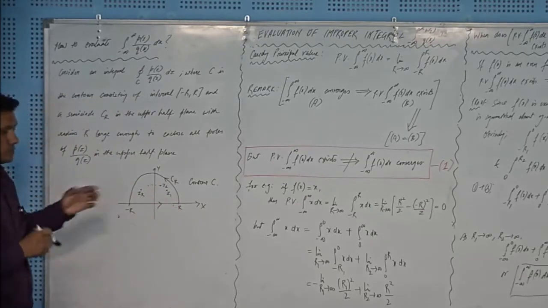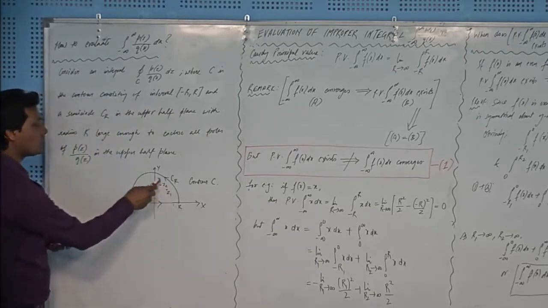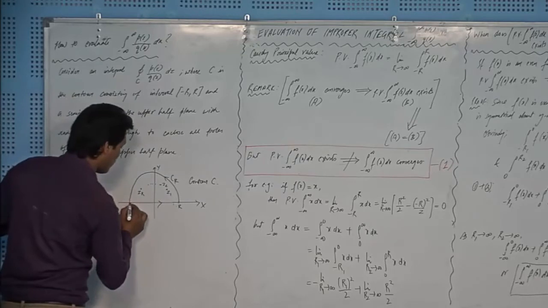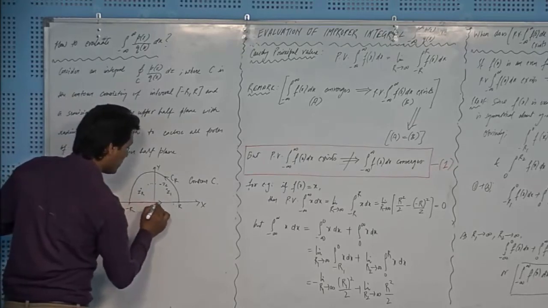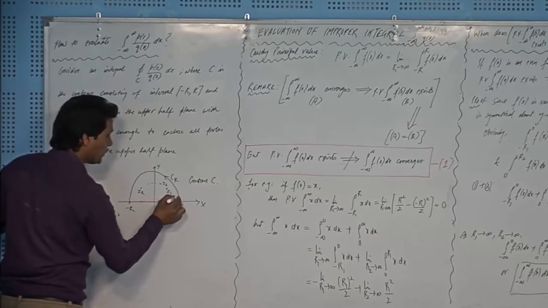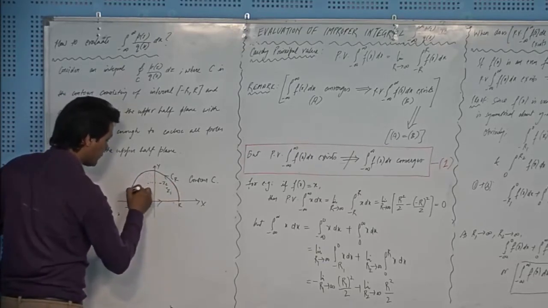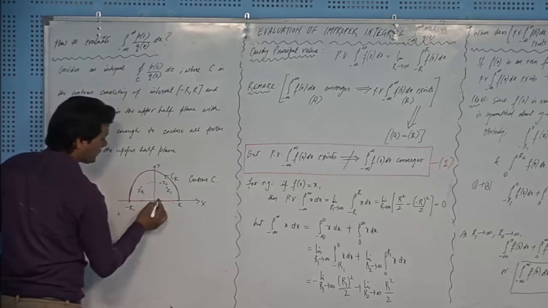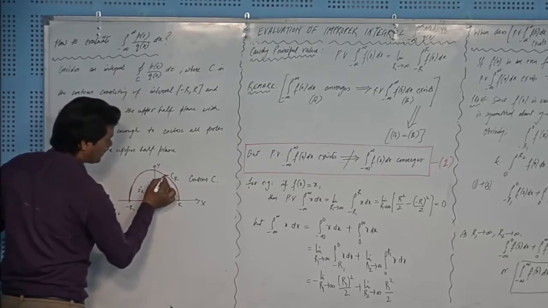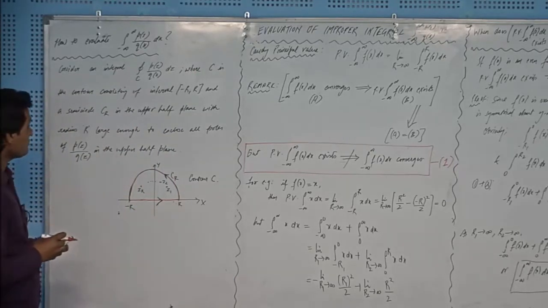You have to draw a semicircle big enough to enclose all of these poles which lie in the upper half plane. You are not worried about the poles lying in the lower half. You are only interested in enclosing all the poles that lie in the upper half of the Z plane.